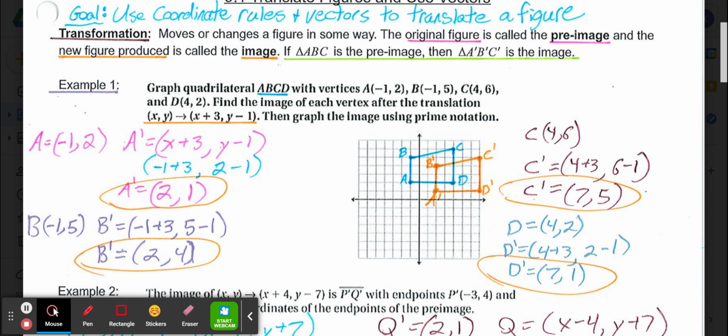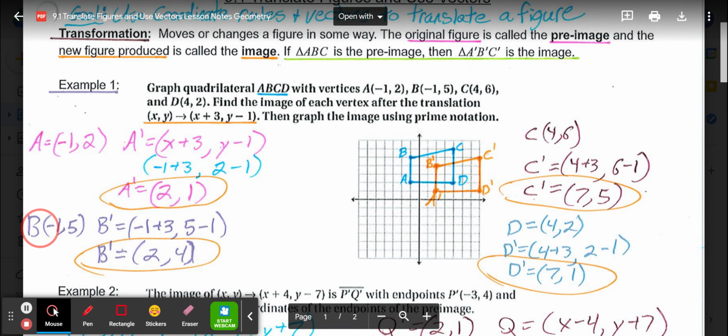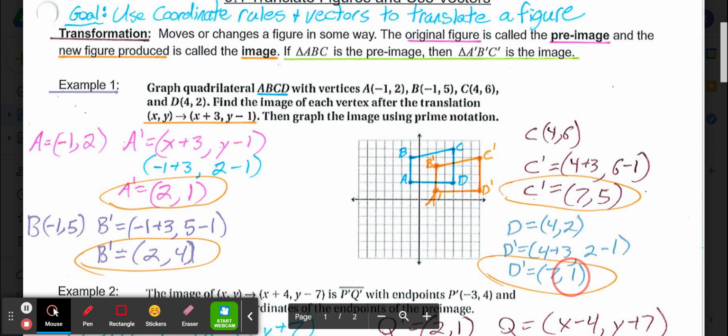Then we do the same process of adding 3 to the x value and subtracting 1 from the y value for points B, C, and D to get B prime at (2, 4), C prime at (7, 5), and D prime at (7, 1).